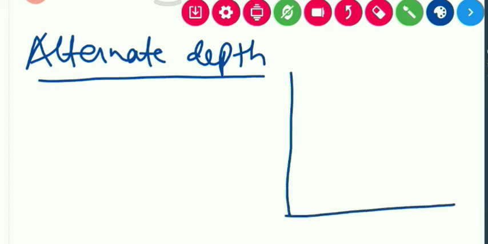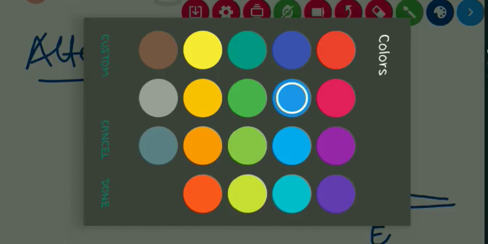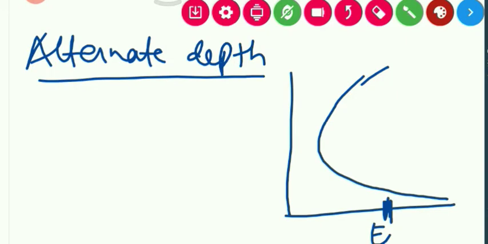We have a graph like this. If we assume this value of specific energy, for this value of specific energy we have two values of depths. One value is over here and one value is over here.